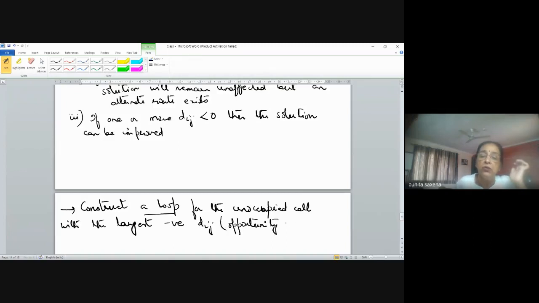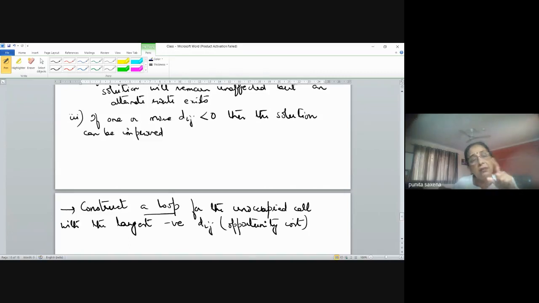That means you may reduce the cost of transportation by that much amount if you include that cell in your basic feasible solution. All your occupied cells are your basic variables. All your unoccupied cells are your non-basic variables. So when you are improving, you are including a non-basic cell.